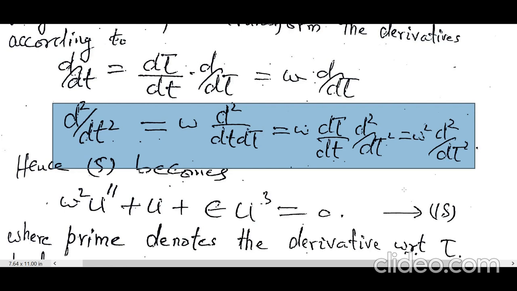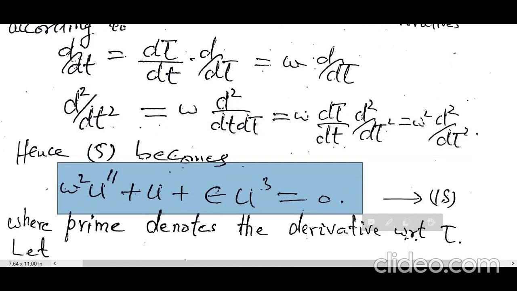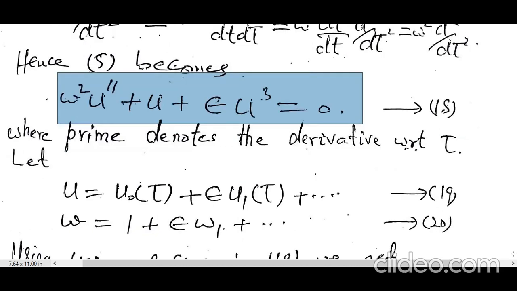Remember, differentiation with respect to t was denoted by a dot, and differentiation with respect to tau we are denoting by a prime. So only the first term changes, which becomes omega square u double prime; the remaining u and epsilon u cube are unchanged because they do not involve derivatives. Therefore our problem reduces to this highlighted equation: omega square u double prime plus u plus epsilon u cube.